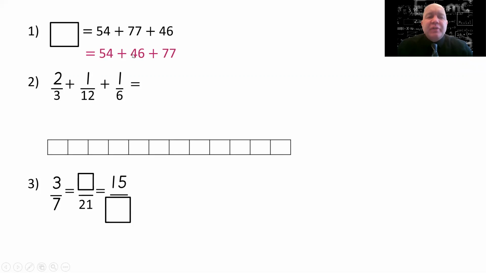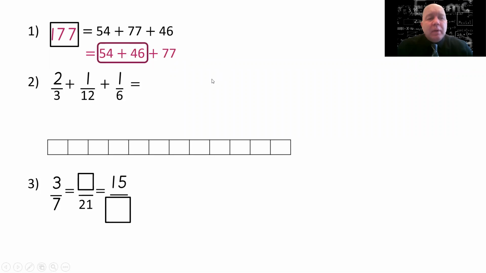And then we've got the 50 and the 40. So those two numbers together actually make 100. So they're just a nice pair of numbers just by reordering. So we've got 100 plus the 77. And that's far easier than trying to work these out. So always look at the numbers themselves. Always look to see if there's any nice pairs to add.